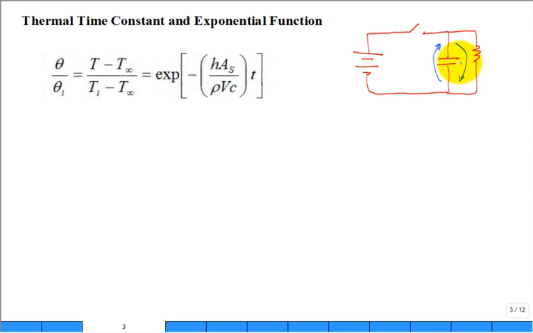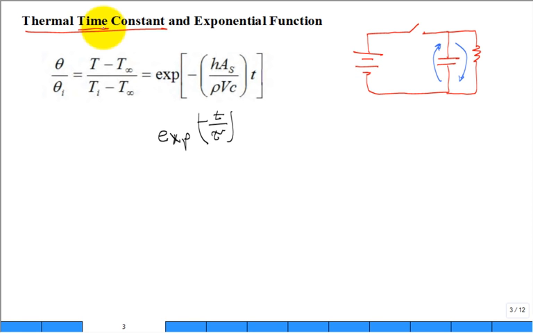It's a first order system, and you get an exponential decay of the voltage across the capacitor. True? All right. So we've been exposed to things that have this exponential function, exp, and sometimes you even write it as minus t over tau, where tau is a time constant, but in this case, it's a thermal time constant.